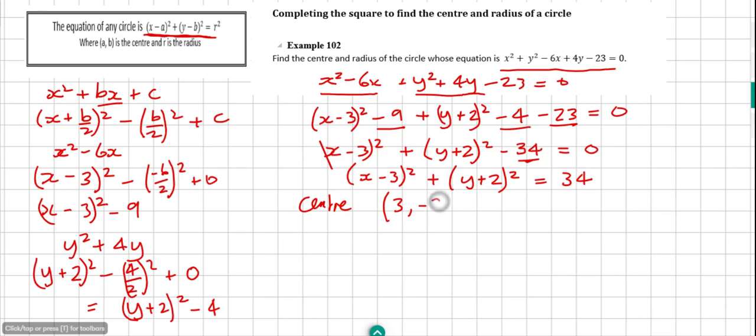So that's going to be (3, -2), and the radius is actually the square root of 34. So we could keep that as root 34, or we could work that out as a decimal. I'm just going to leave it in exact form, which is keeping the square root symbol on there.